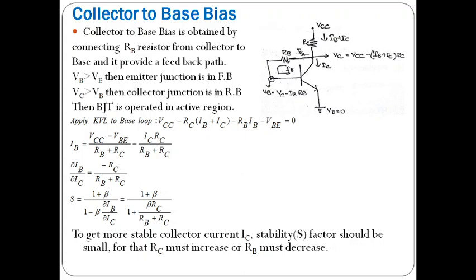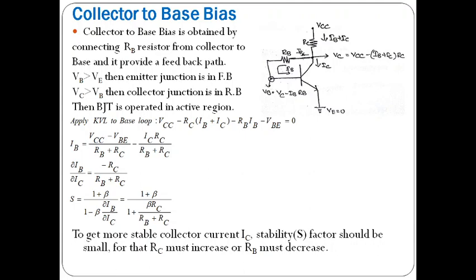So to get the stability factor, we need to get the dou IB by dou IC value. For that we need to differentiate with respect to IC. We will get minus RC by RB plus RC. While we are considering this, VCC minus VB by RB plus RC becomes 0, it is constant.